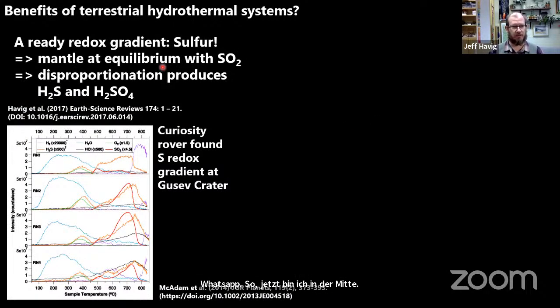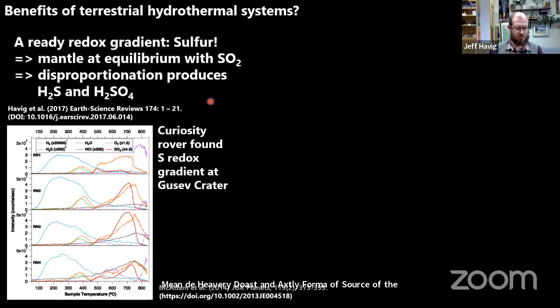Also, hot springs provide a ready redox gradient in terms of sulfur. So the mantle is at equilibrium with sulfur as sulfur dioxide. But then abiotic disproportionation and reduction processes can convert that sulfur dioxide into hydrogen sulfide and sulfuric acid, which means you have a reduced and oxidized form of sulfur being delivered, as well as sulfur dioxide being delivered as a gas.